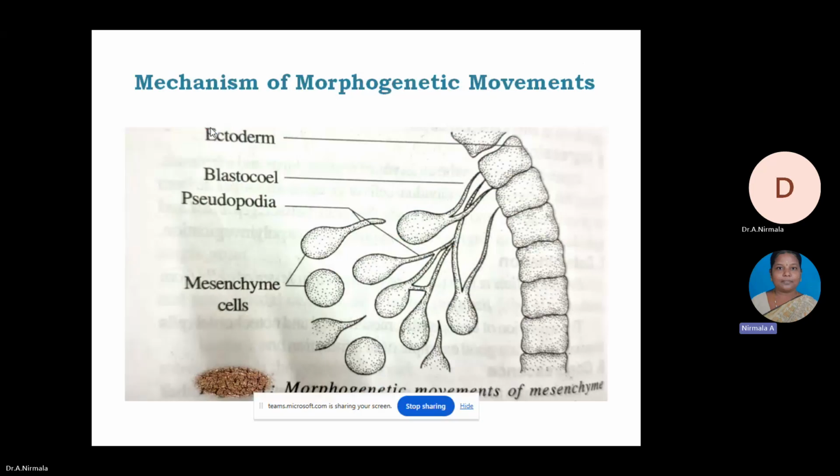Then the cells become spherical in shape and send out slender filamentous pseudopodia towards the inner surface of the ectoderm. The pseudopodia come in contact with the ectoderm and are attached firmly. Then the pseudopodia contract, and as a result, the mesenchyme cells are loosened and drawn towards the inner surface of the ectoderm.